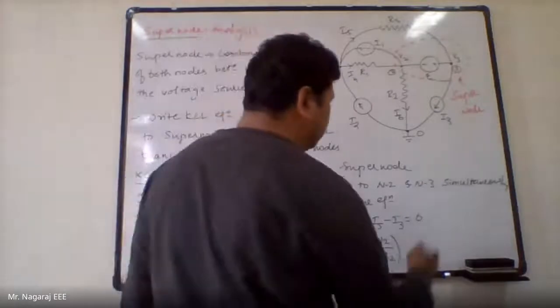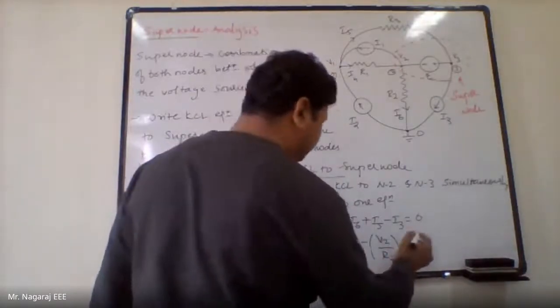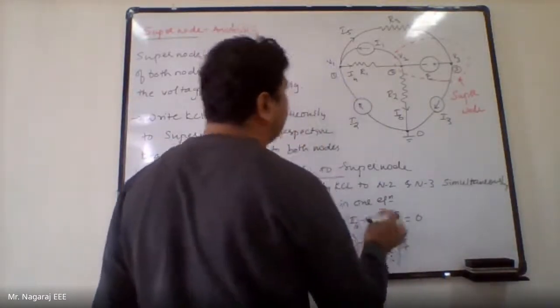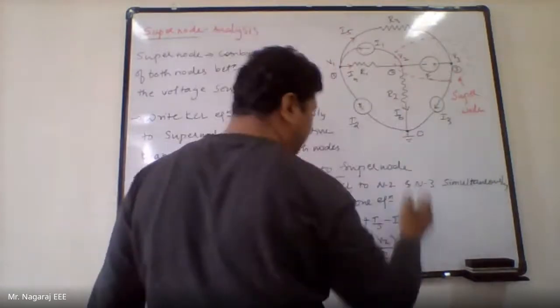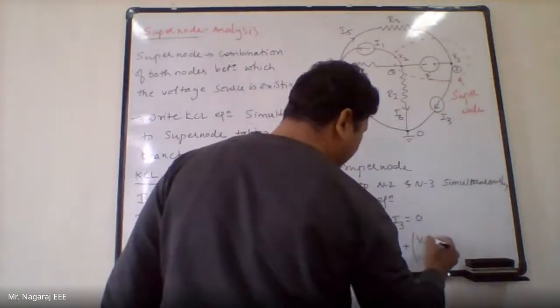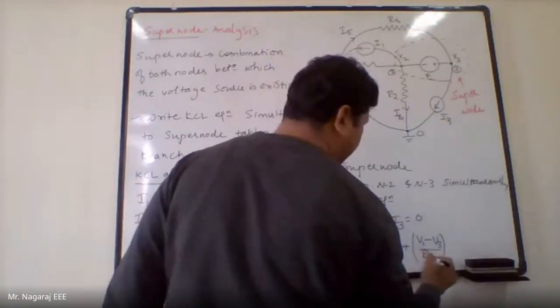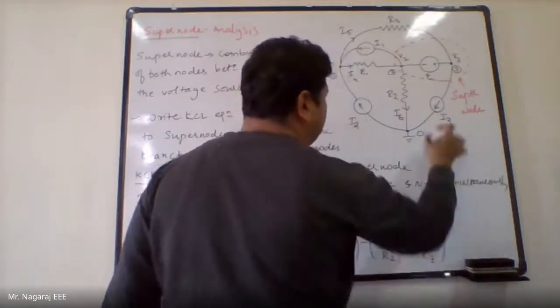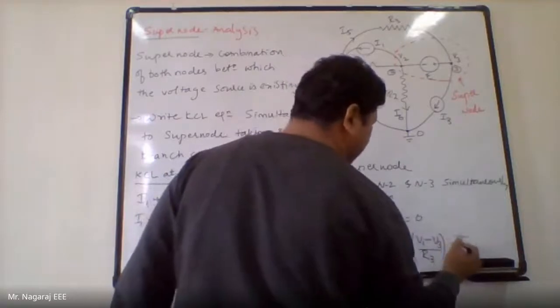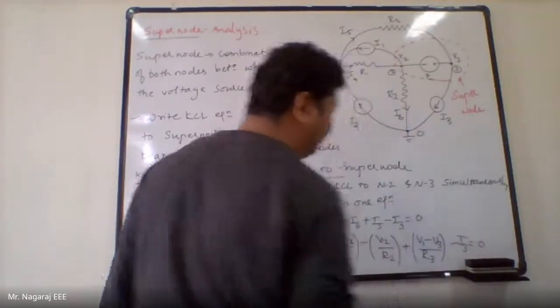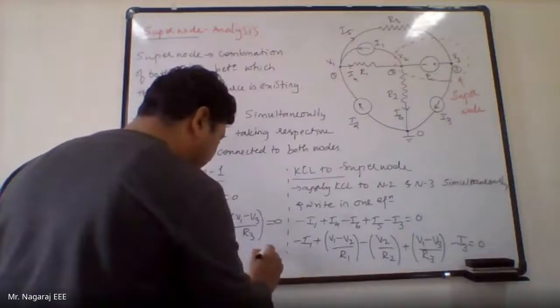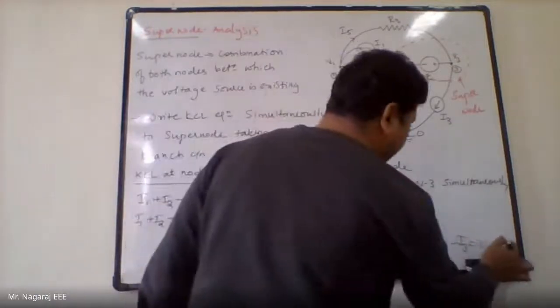Plus I5. I5 is from V1 to V3, so that is (V1 minus V3) divided by R3, minus I3. I3 is a source value, is equal to 0. Now this is equation 1, and this will be equation 2.